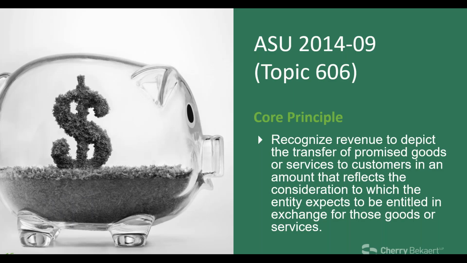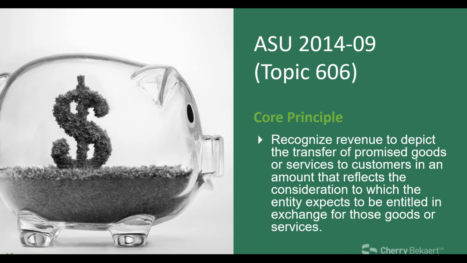And what is the core principle of 606? Basically, it is that you will recognize revenue to depict the transfer of promised goods or services to customers in an amount that reflects the consideration, or the funds given up, to which the entity expects to be entitled in exchange for those goods or services.